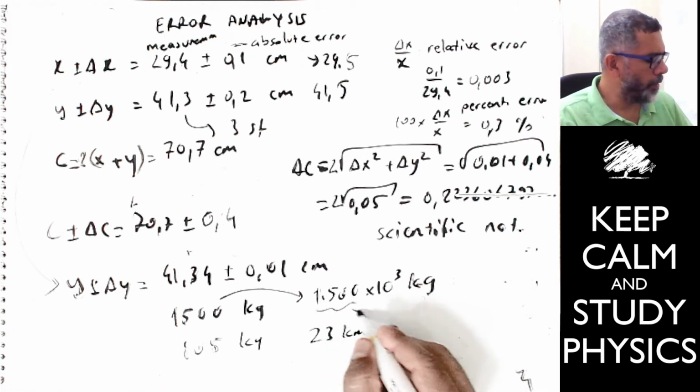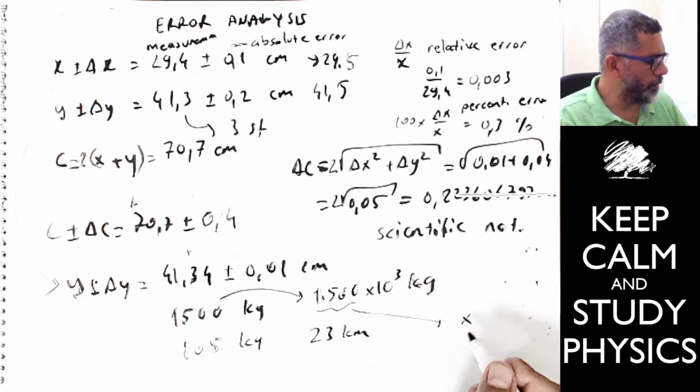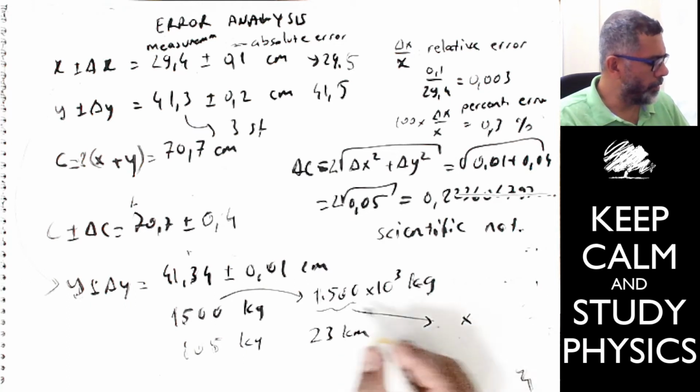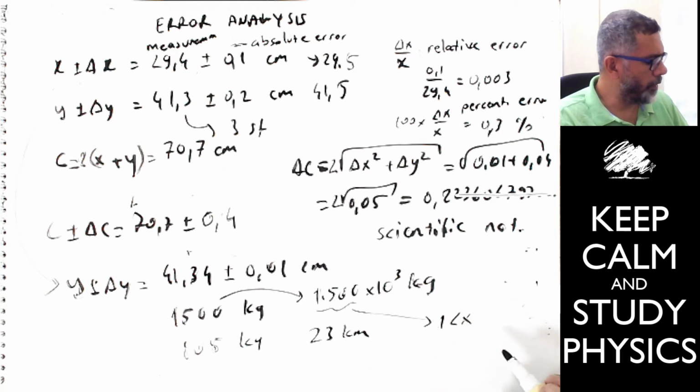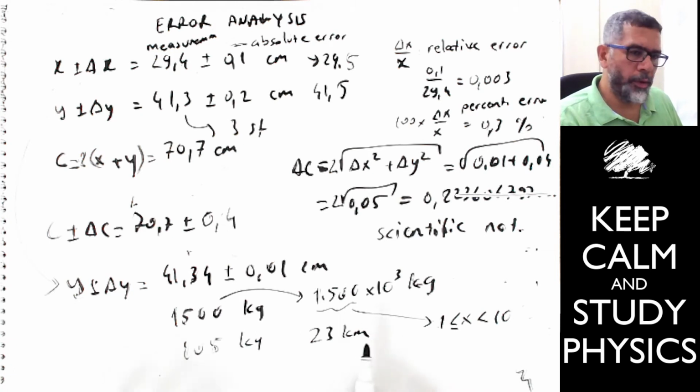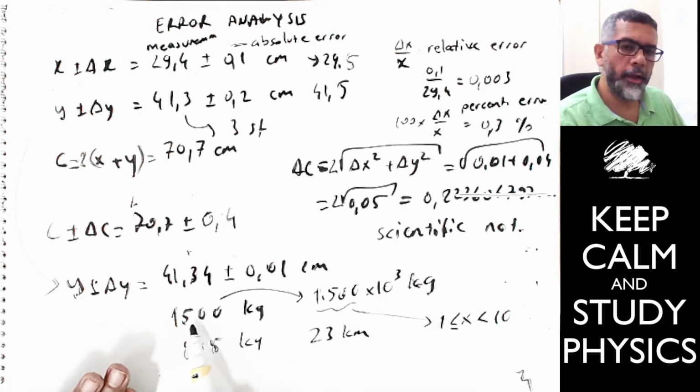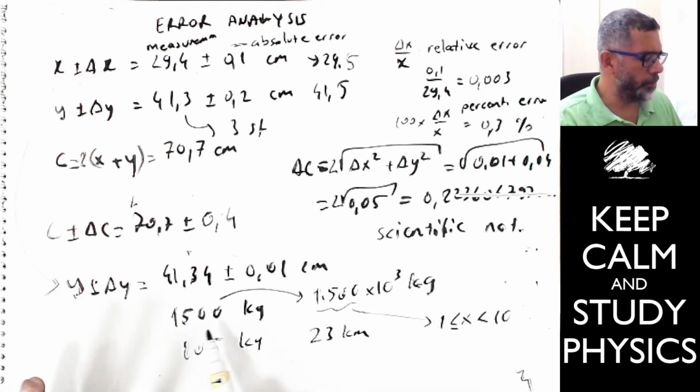Let's write this as x. This number part must be larger than or equal to 1, but smaller than 10. 10 is not included.